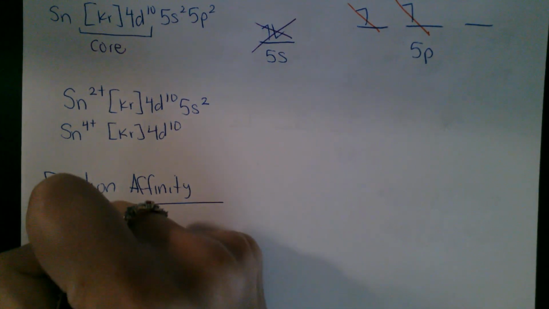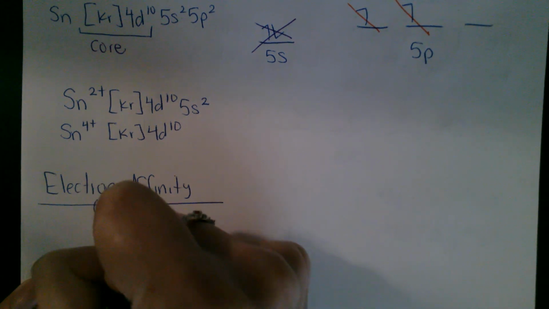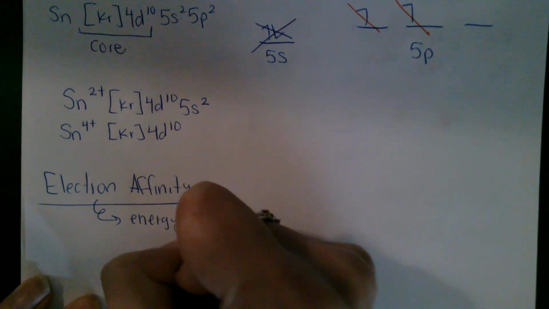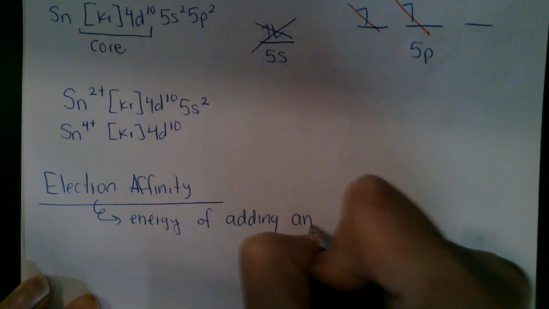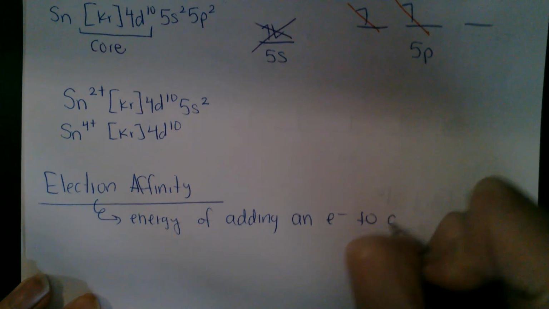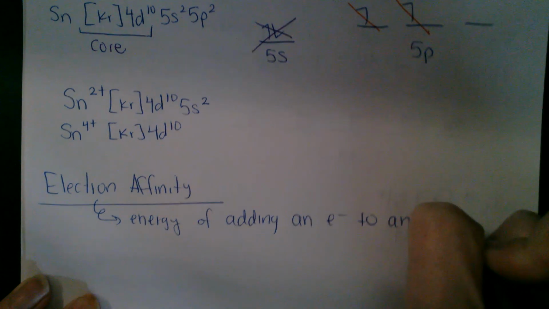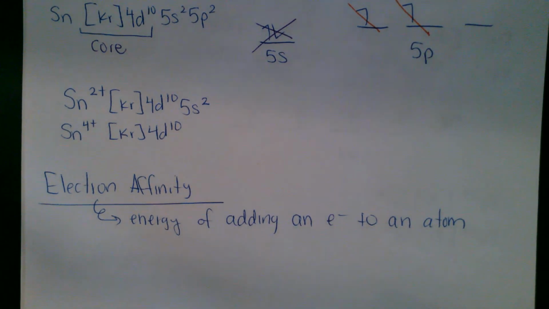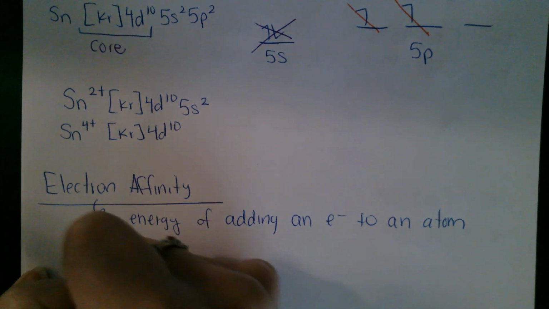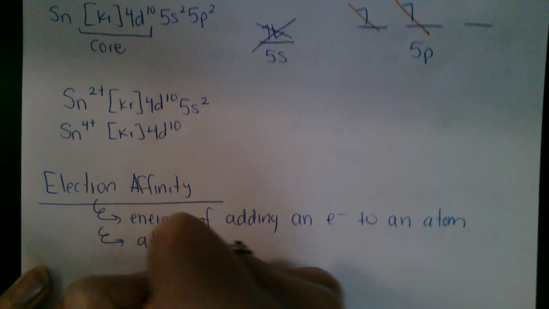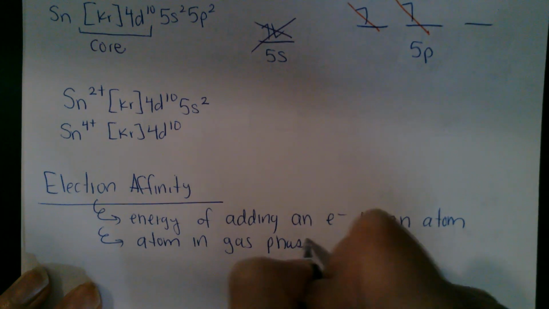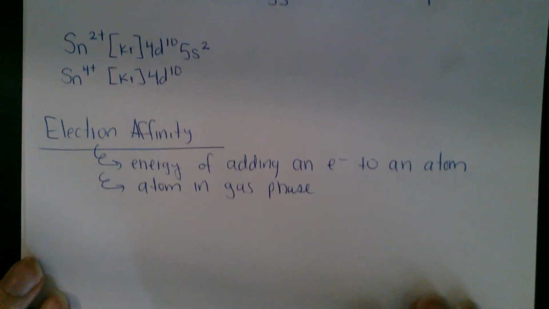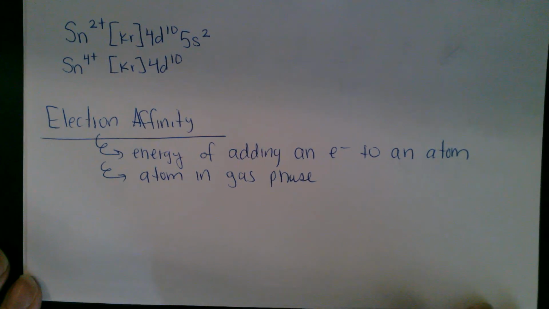Okay, so this is the energy of adding an electron to an atom. Okay, so let's look at how this works. So same sort of principle, atom in the gas phase. So again, all the energy measured is directly related to adding that electron.